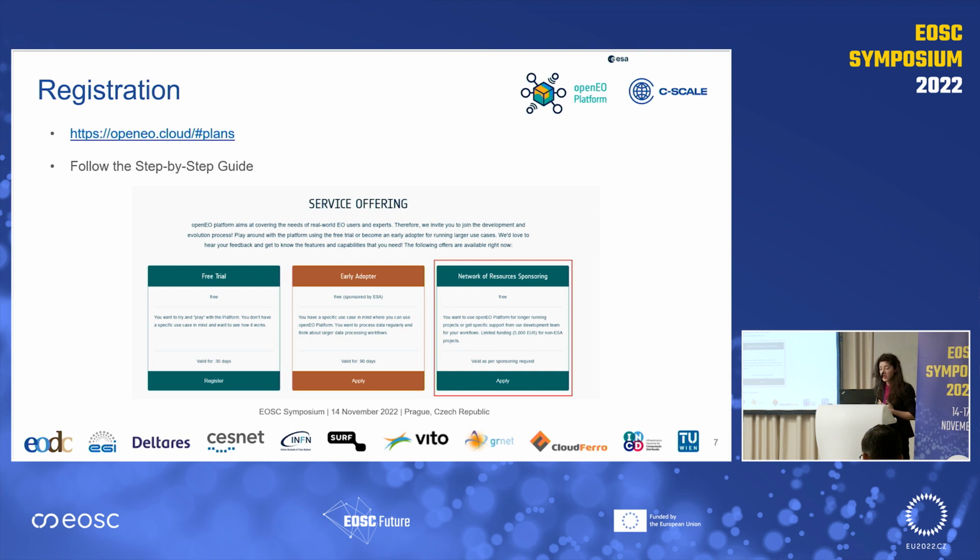So there are costs, but they are covered by ESA, and this is for free for 90 days, for 3 months. And if you have a bigger project in mind, and you need multiple licenses, then you can go through the network of resources to book multiple licenses.